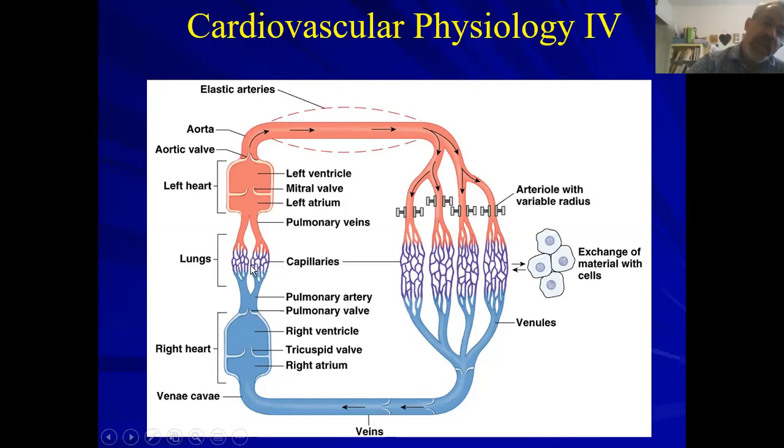This then carries blood into the pulmonary artery, which delivers it to the lungs, where we breathe out carbon dioxide, breathe in oxygen, and then the whole cycle starts all over again. So really, you guys already know the pattern of blood flow. Today we're going to take a look at the structural and functional differences between veins, arteries, arterioles, venules, and capillaries.